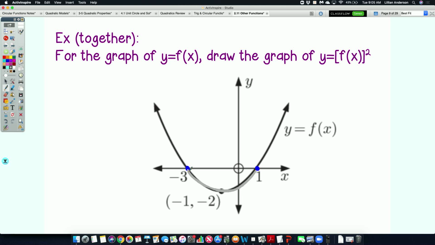Now we are given a point, which is -1, -2. And we know that with the square function, this means y squared. So when we square it, what's going to happen to that y value? Positive 4. So when we plot this point, it needs to be located at -1, +4.